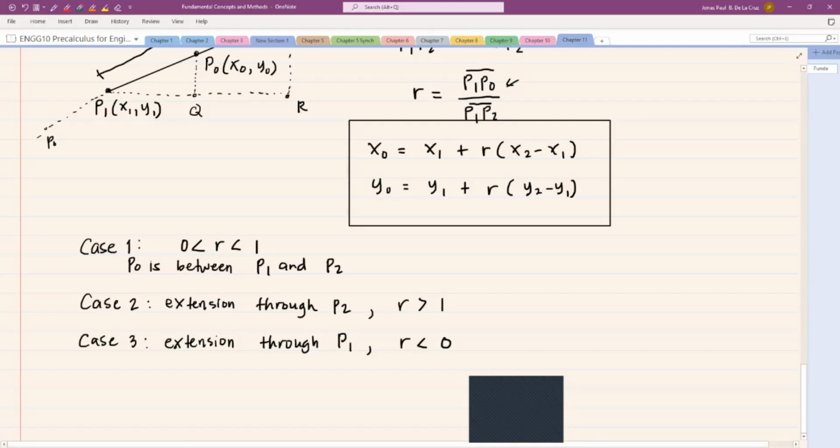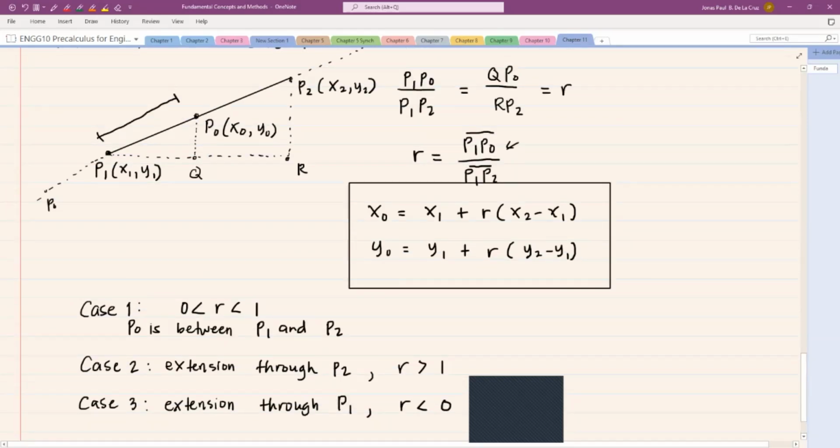Okay. And then, kapag yung PO natin is exactly between point P1 and P2, this distance is equal to this distance. Parehas yung distance niya, yung PO to P1 tsaka PO to P2. Nagkaroon tayo ng midpoint.